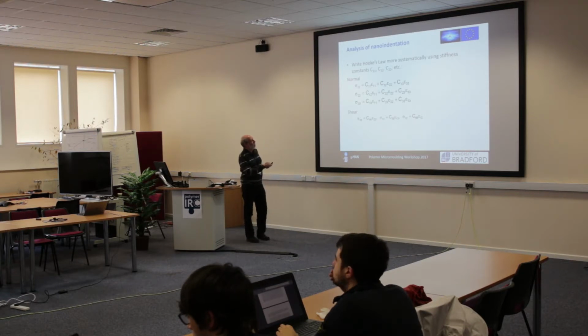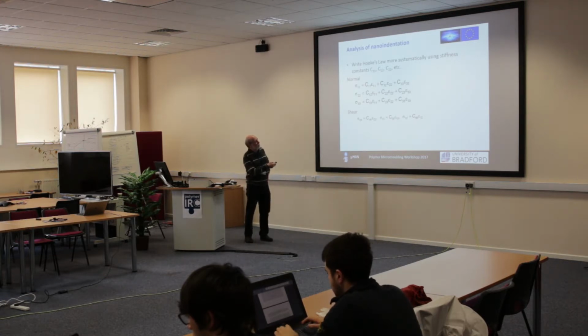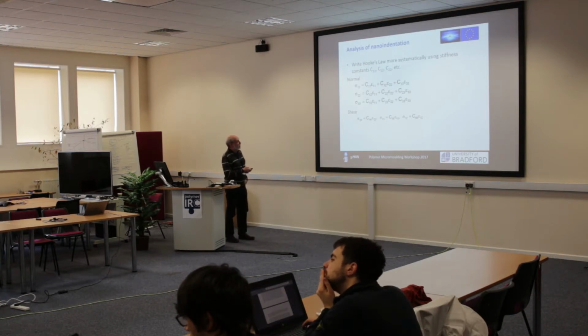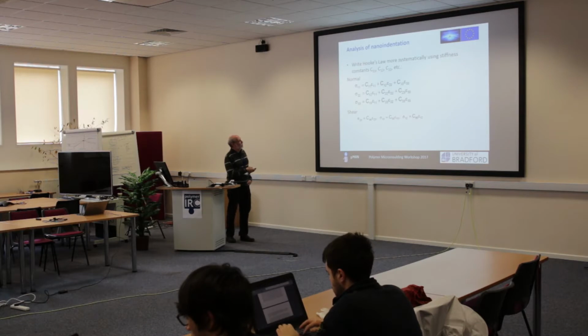So C11 is, roughly speaking, the modulus E1, same with the other diagonal terms, C22 and C33. And these off-diagonal terms, C12, relate to Poisson's ratio type effects. And then we've got the remaining shear moduli, which we call C44, C55, C66.